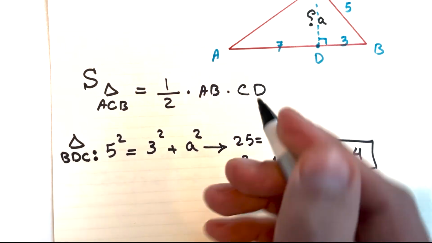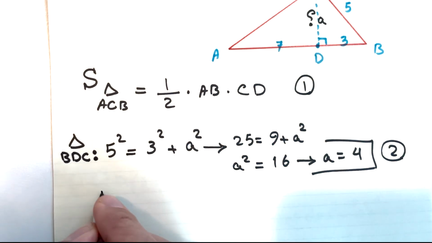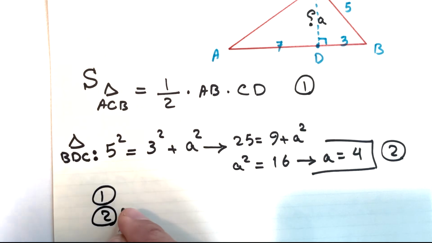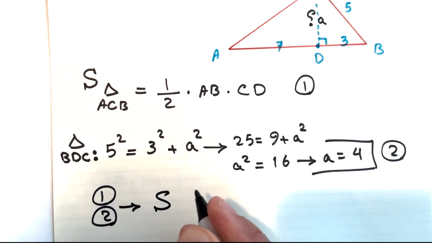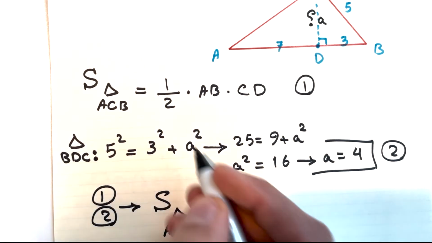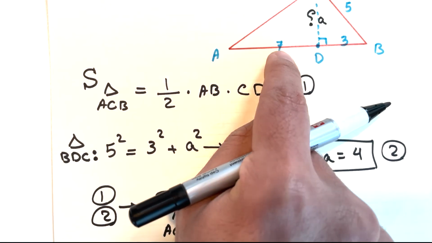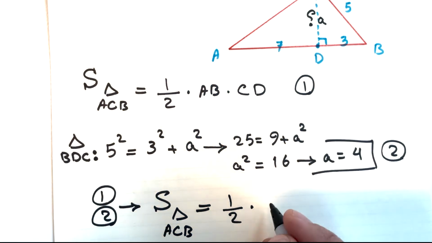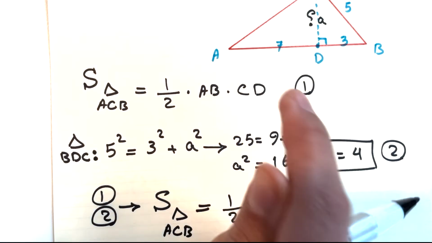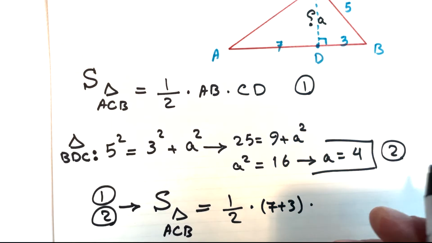So now I can write the area S of triangle ACB as 1/2 times base, which was 7 plus 3, 10, times the length of CD, which was A, which we found here as 4.